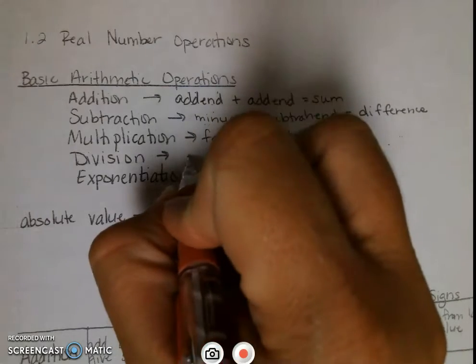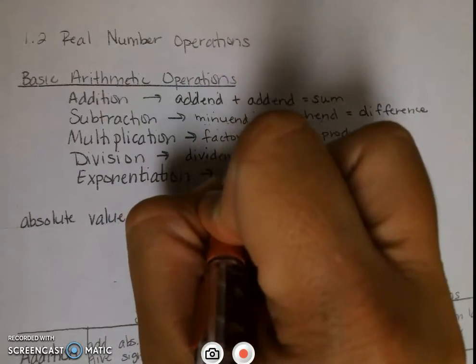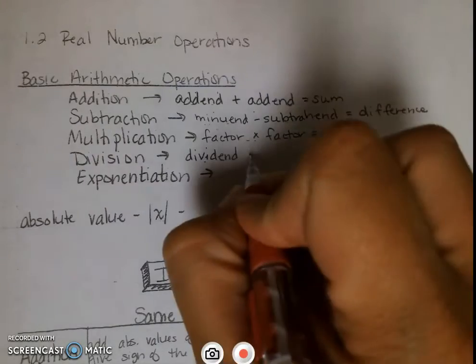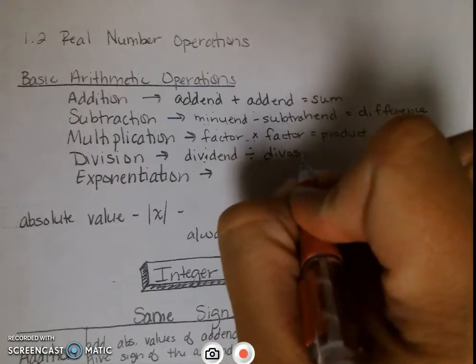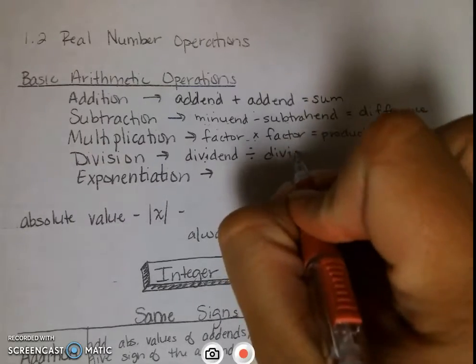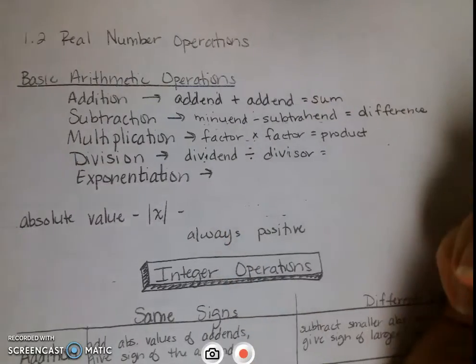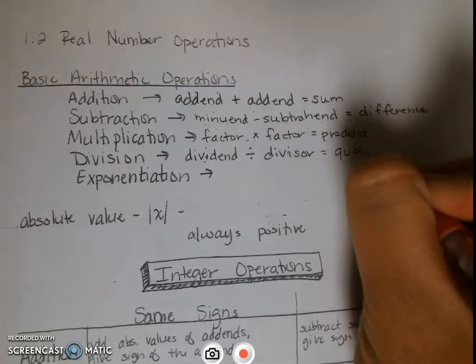Division, it starts with the dividend. So the dividend divided by the divisor. Oh, sorry, my spelling there. So the dividend divided by the divisor equals the quotient.